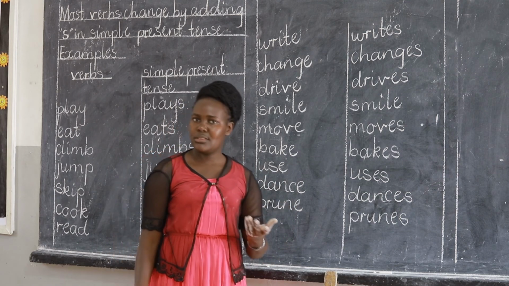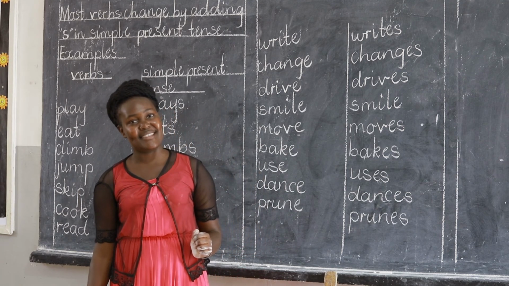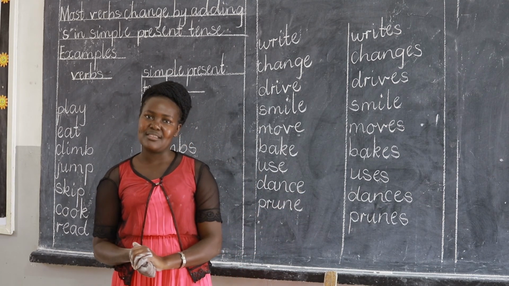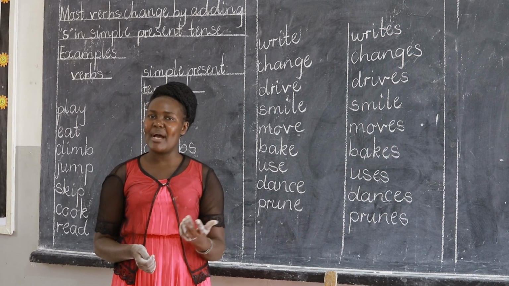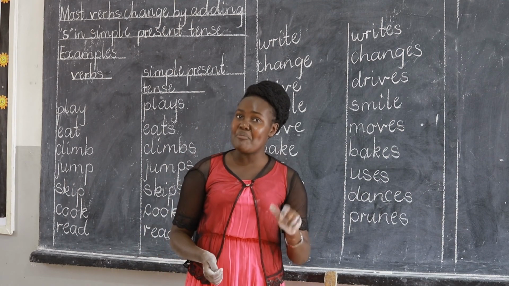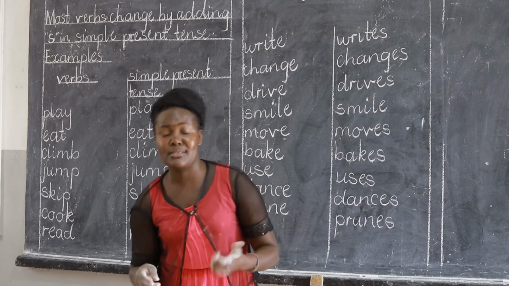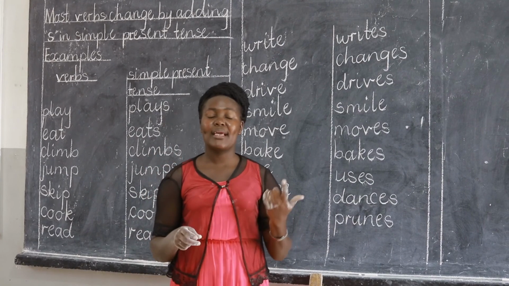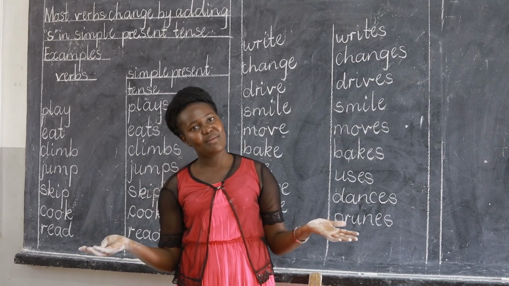And take an initiative of constructing sentences using these verbs and the words we identified that can help us to know that this action is in simple present tense, like daily, always, every Monday, weekly, annually, often, sometimes, and many others.